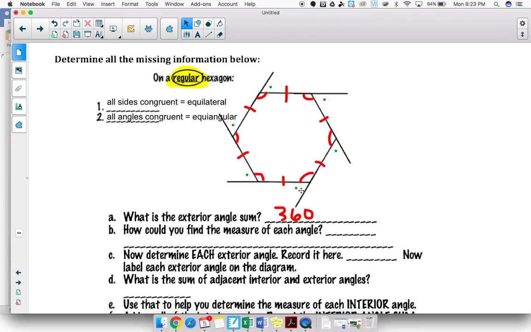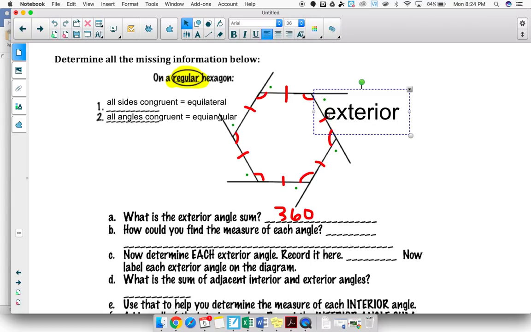And we have to divide that 360 into equal parts. Since it's a regular polygon, all those angles are the same. So it says, how could you find the measure of each exterior angle? Just make sure we're referring to exterior.